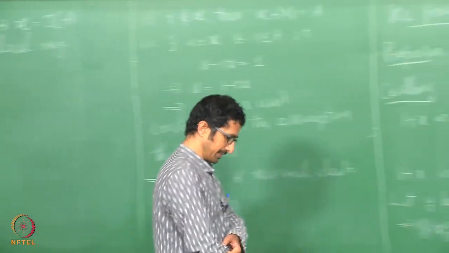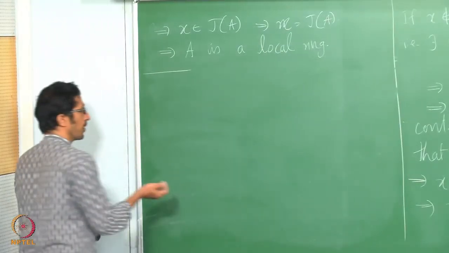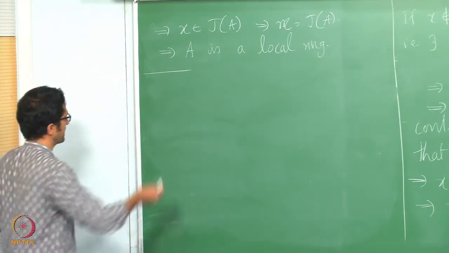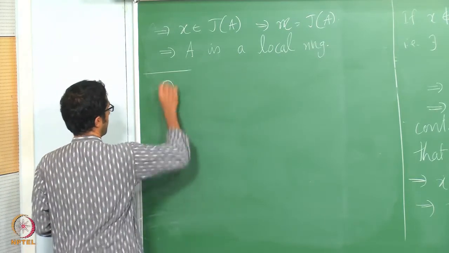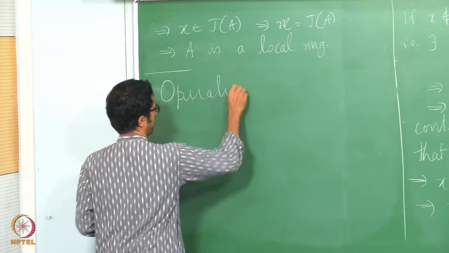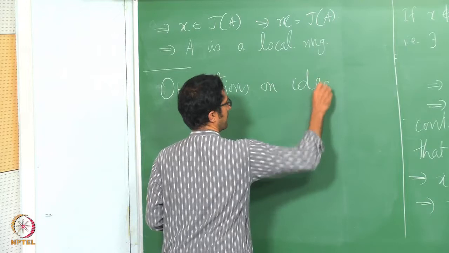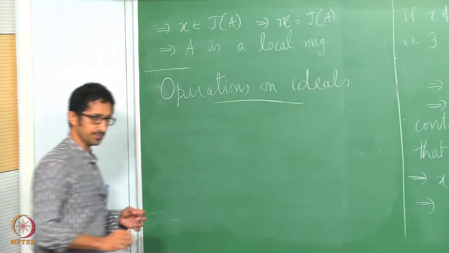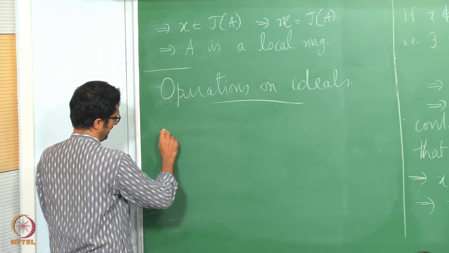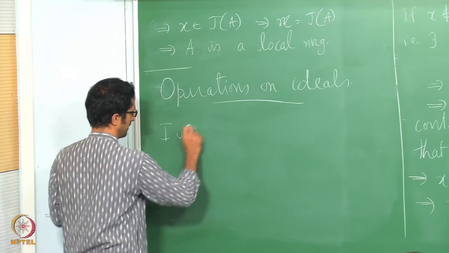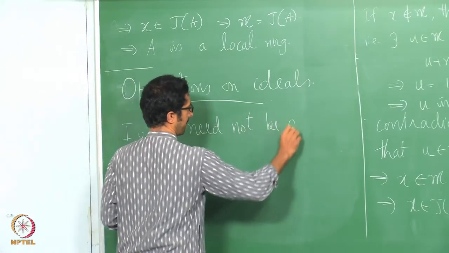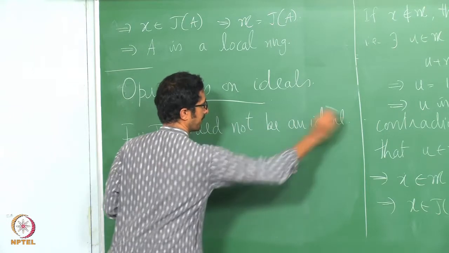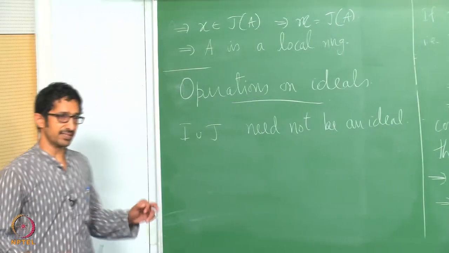We will come back to these properties as and when we go along. Let us look at some of the properties on ideals. You have seen the operation of taking the union, I union J. This need not be an ideal. When is this an ideal?